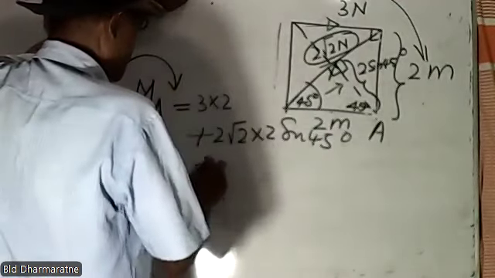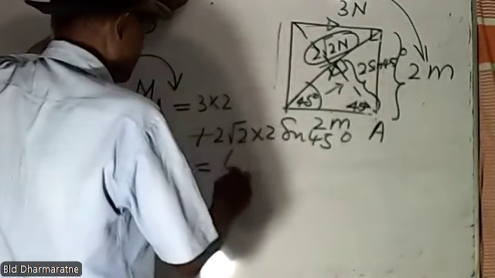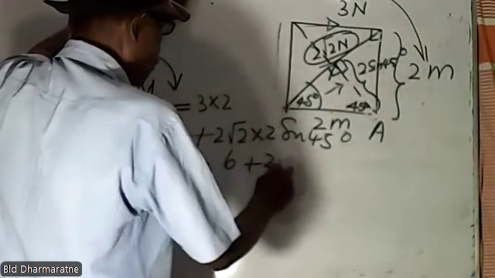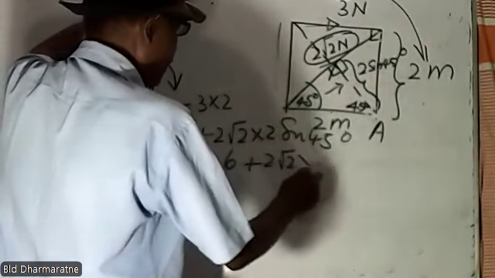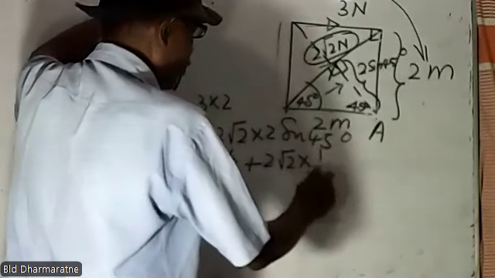Then 3 into 2 is 6, plus 2√2 into 2 sin 45. Sin 45 in trigonometry is 1/√2.